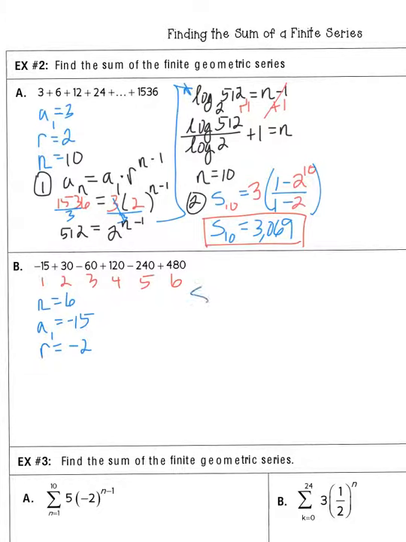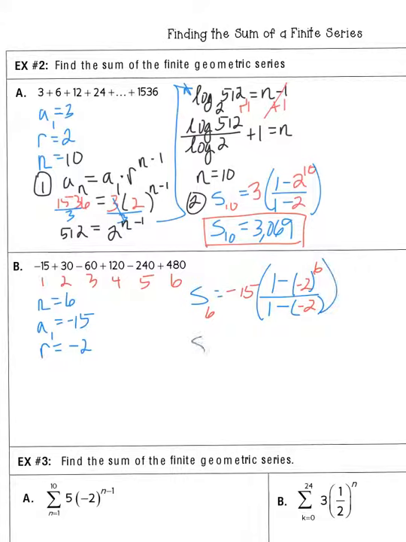So when I use my formula, I'm going to have s sub 6 is equal to negative 15 times 1 minus, and I'm going to put this in parentheses because my r is negative, and that's going to be raised to the 6th power, all divided by 1 minus negative 2.